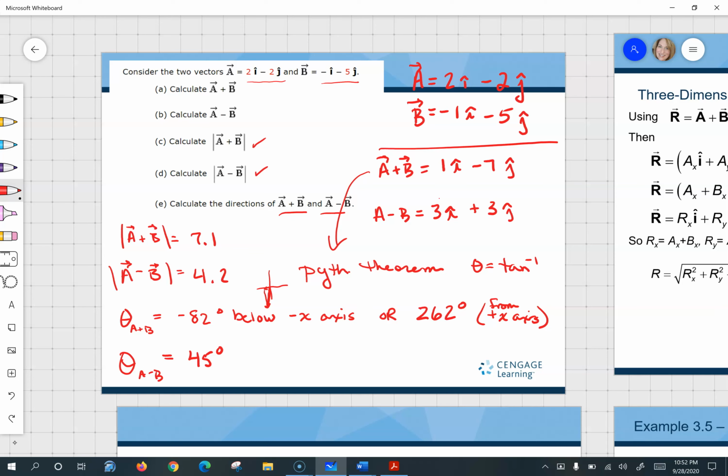So that negative 82 is saying from the negative x-axis. So that's one way to put it. The other way is to describe it as from the positive x-axis. So you would just take that 82 and add 180 to it. And then A minus B, that one's an easy one. When you draw that, you have your components like this, and then that's your angle theta.